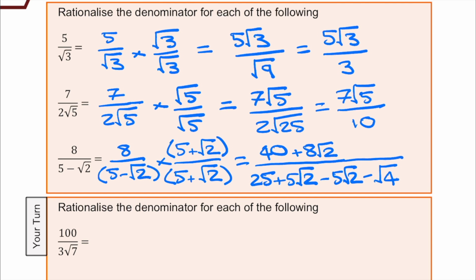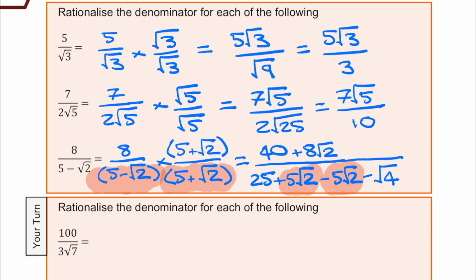Something special happens here. What we've actually ended up doing with the two denominators, if I just highlight them, we've actually ended up doing a very special form of expanding double brackets. And it's known as difference of two squares. What always happens when you've got that special form of expanding double brackets, these two terms cancel out of each other, which is exactly what we want. We've got positive 5 root 2's, but then we take 5 root 2's away.